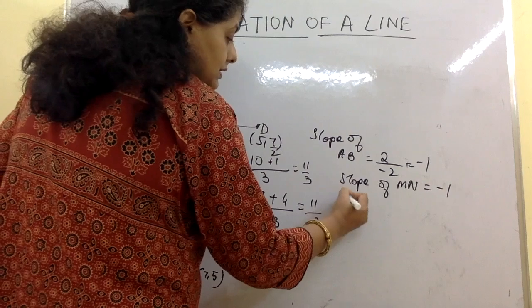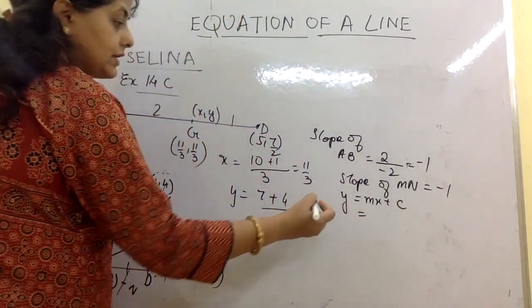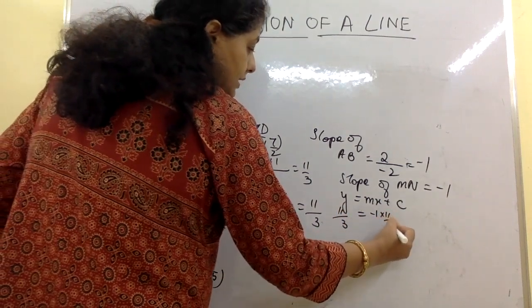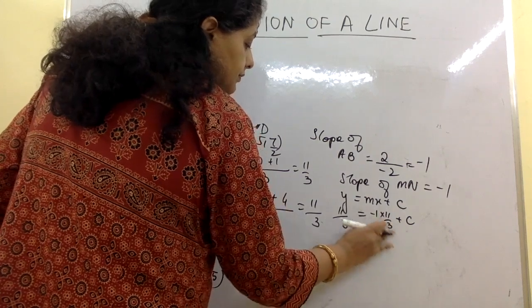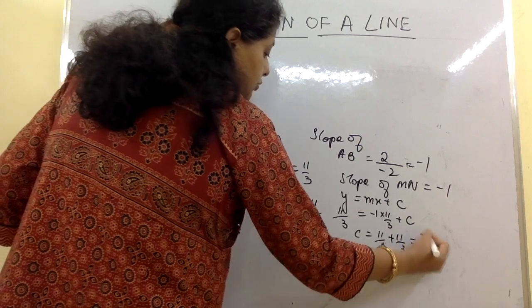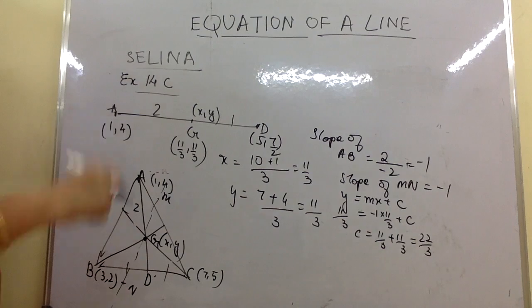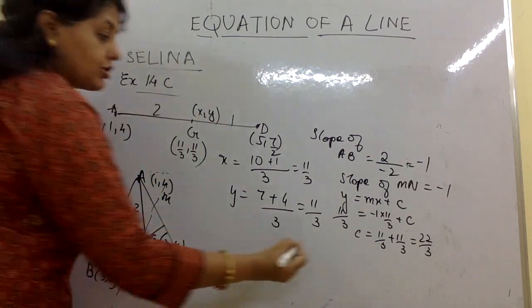So y is equal to mx plus c. Y is 11 by 3, m is minus 1, into 11 by 3, and c. So c comes to 11 by 3 plus 11 by 3, which is equal to 22 by 3. So I got my c, I got my m. Now all I have to do is put them together and find the equation of the line.